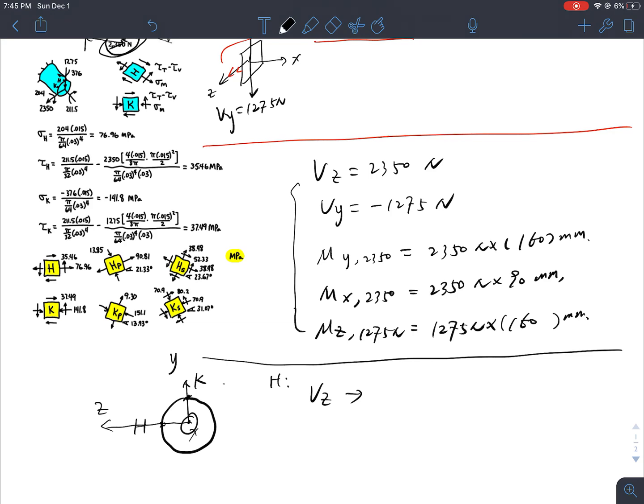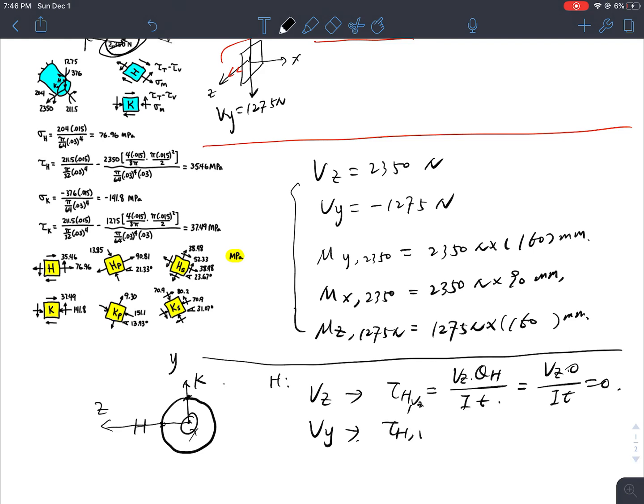Okay, so Vz will give you a shear stress at H here. So tau H equals Vz QH divided by It. And guess what? The Q for this case is actually 0, so I have a 0 shear stress generated by Vz. How about Vy?